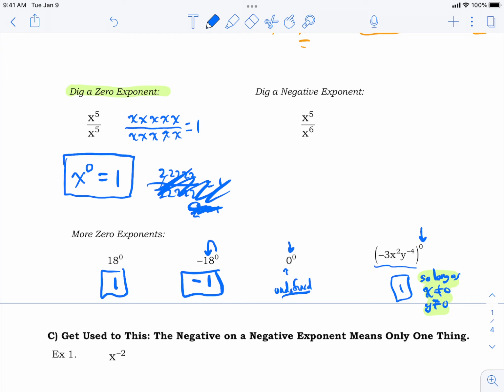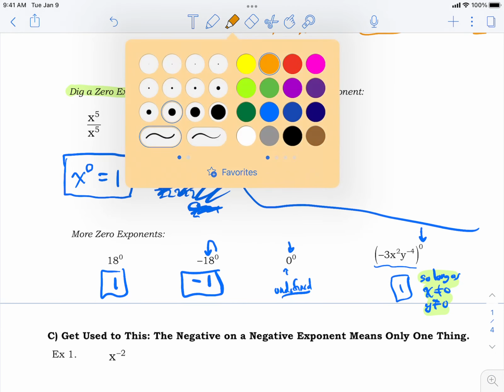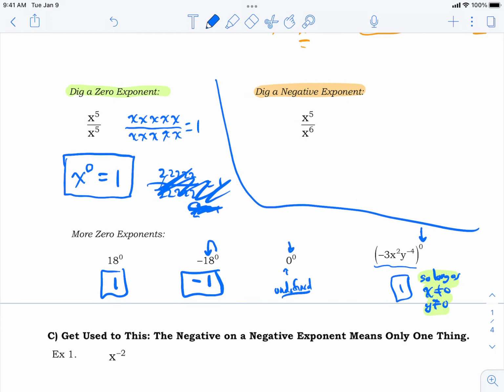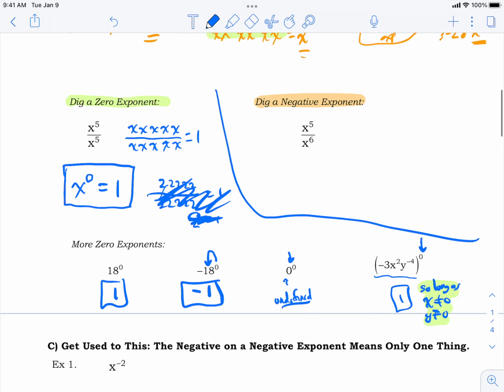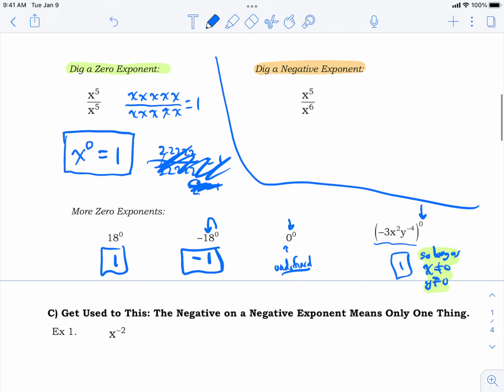Okay. Now, I kind of left this over here, but let's dig into our negative exponents next. Negative exponents. So back to that idea of when you subtract. Let's go to a different color and set this apart. You know that if you subtracted exponents, 5 minus 6 is negative 1, right? So in other words, this is x to the negative 1 power.